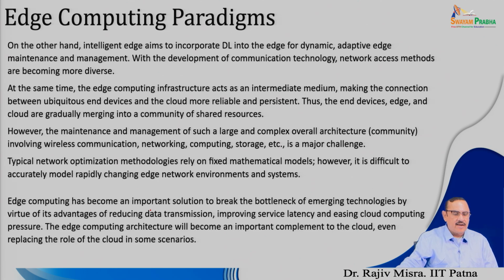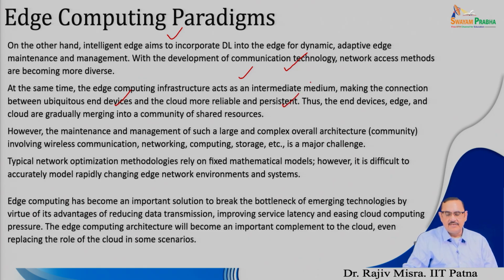So, these are some of the advantages of edge computing, and therefore, let us understand more about that paradigm. On the other hand, intelligent edge aims to incorporate deep learning into the edge for dynamic, adaptive maintenance and management. With the deployment of communication technologies, network access methods are becoming more diverse. So, with all that development in place, the edge computing infrastructure acts as the intermediate medium, making the connection more ubiquitous and devices and the cloud more reliable and persistent.